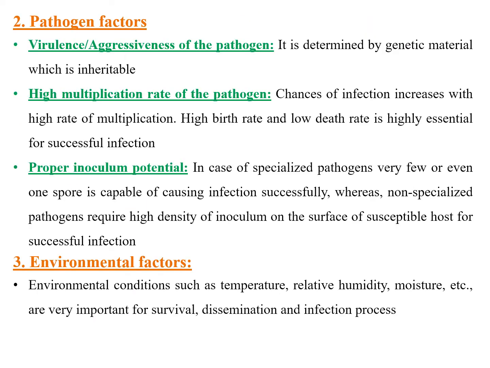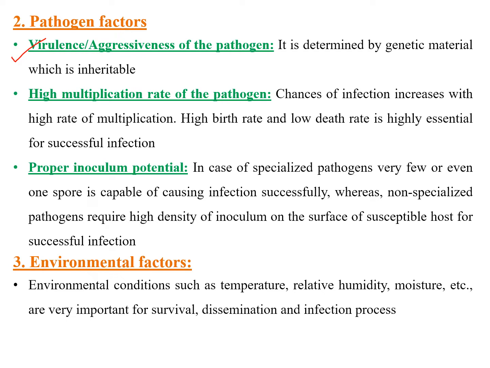Coming to the pathogen factors, first one is the virulence or aggressiveness of the pathogen. Aggressiveness of the pathogen is determined by genetic material which is inheritable. Like the susceptibility nature of the host, the virulence or aggressiveness of the pathogen is also determined by the genetic material of that particular pathogen.